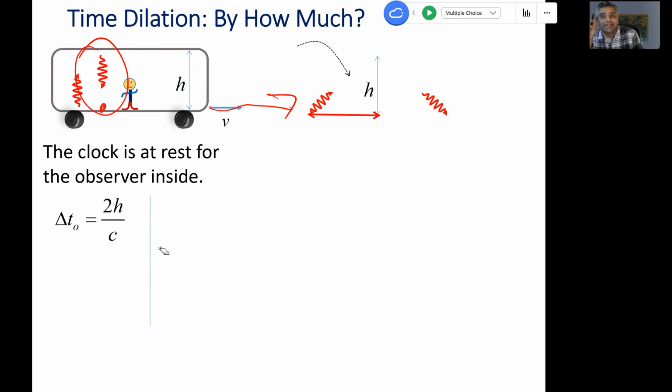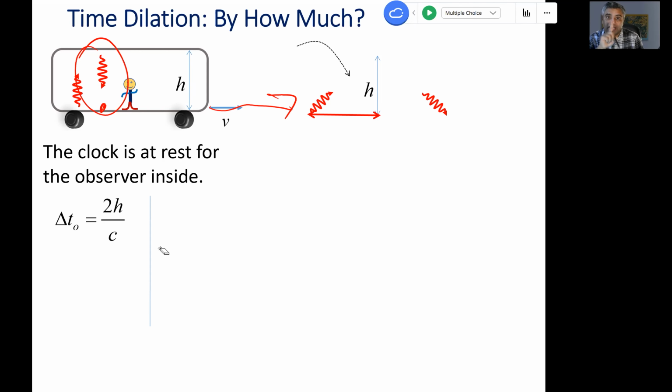And any event measured by the observer in that frame of reference, or the time measured by that observer in that frame of reference, is the proper time. And remember, the observer does not have to be in the same frame of reference.